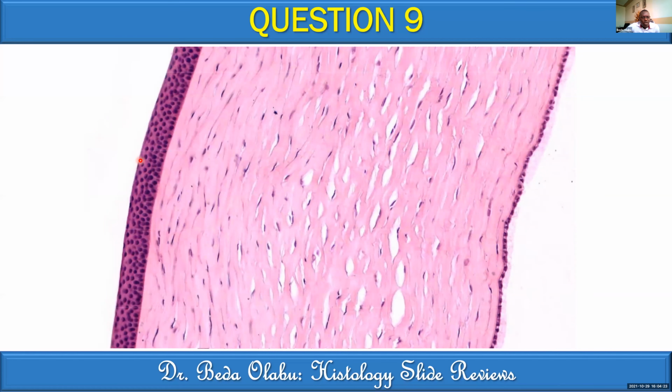So that is stratified squamous non-keratinized epithelium, and that's a corneal epithelium. This other end, we see simple cuboidal epithelium, and that is the corneal endothelium.